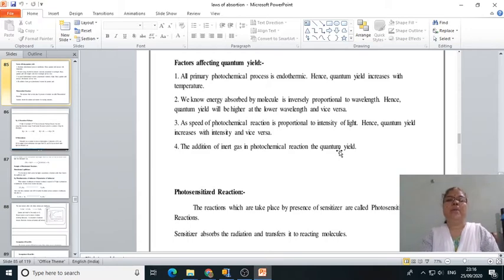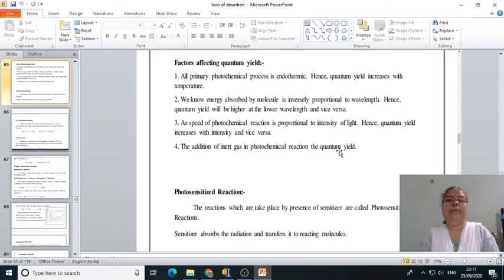Due to addition of inert gases to the reactants, the quantum efficiency increases, and the intensity also plays an important role because the quantum yield depends on the intensity of the light absorbed.